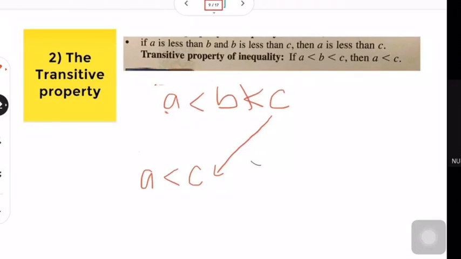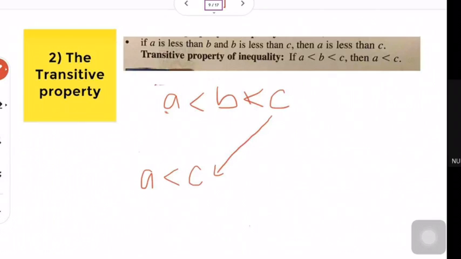Sometimes kita tak perasan, tak nampak kaitan dia. Tapi if A is less than B and B is less than C, maka A ni mestilah lebih kecil. Banyaklah sebab B ni kecil dari C. Kemudian A pula kecil lagi.